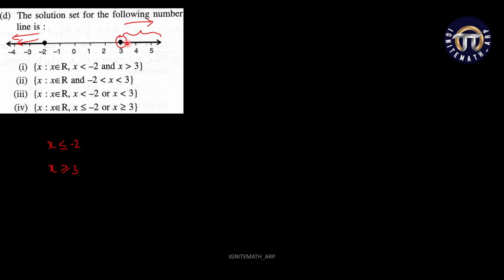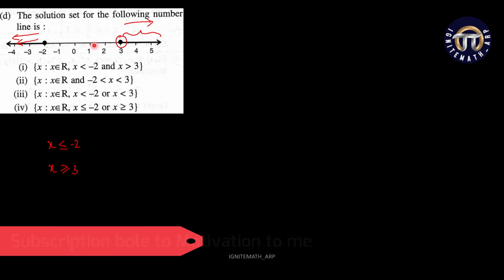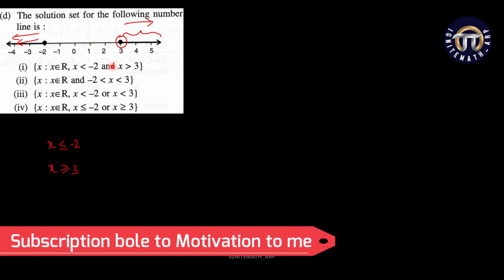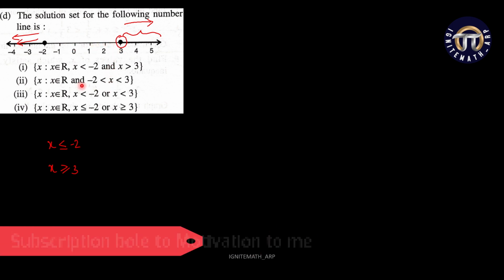X is greater than or equal to plus 3 or smaller than or equal to minus 2. Clear? What is the solution set over here? Can you tell me where it is? See, this is not possible because you should not have the undarkened place between the solution set when you are talking about 'and'. Right, so this is also not possible.